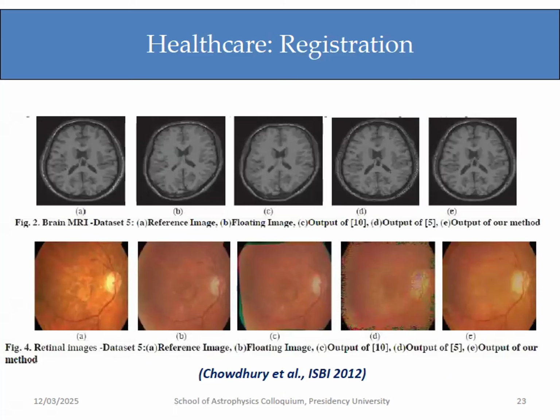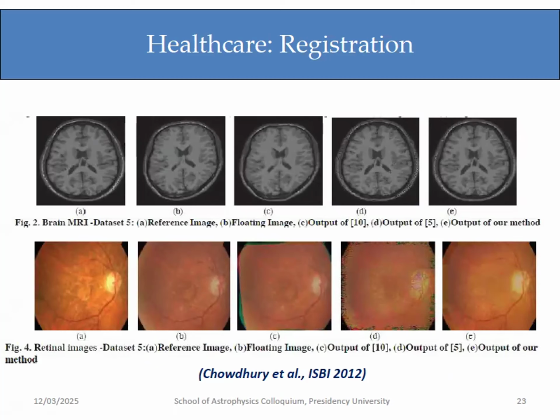This is another example, and this is not segmentation, but a problem of registration. Here the challenge is that you have a reference image and a floating image. The goal is to register the floating image to the reference image before making any inference, because the imaging conditions could be very different. At the top we have a grayscale image, and at the bottom a color image.